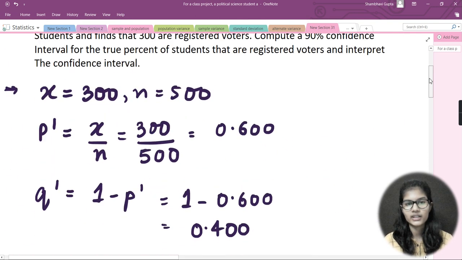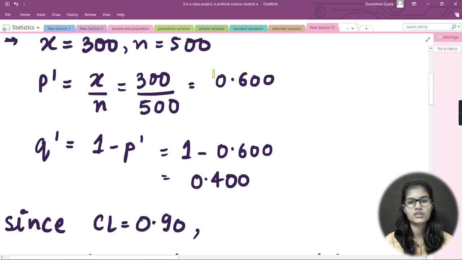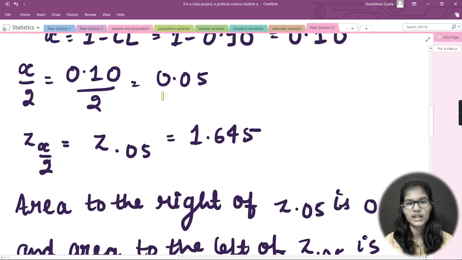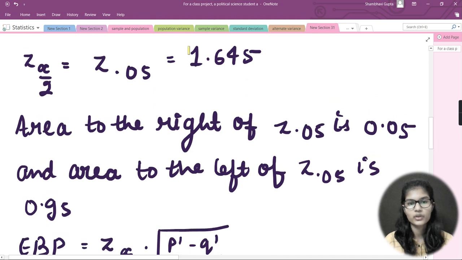Let me now go above and highlight the main things. The value for P dash which we had found was 0.600, and the value for Q dash was 0.400. The value for alpha by 2 was 0.05. The value for alpha was 0.10. Then the value for Z of alpha by 2 was 1.645.